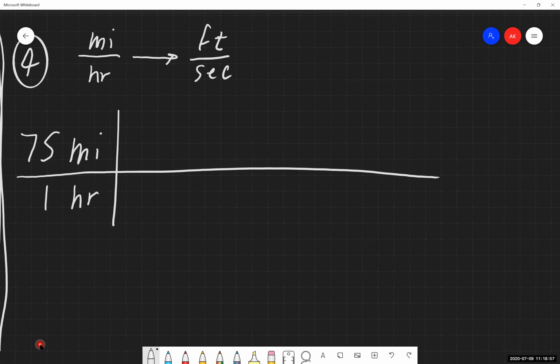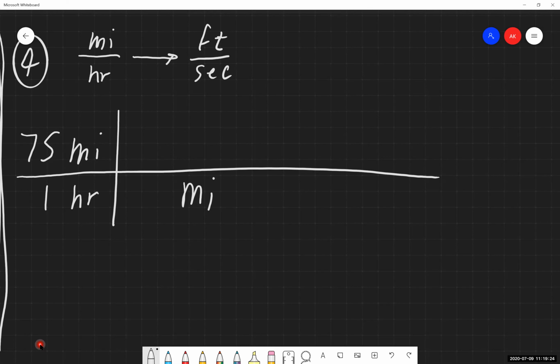So I'm looking at the chart that I have, that other piece of paper, and I'm looking for, is there a direct miles to feet conversion? And there actually is in there. We know, based on what's been telling us, 1 mile is 5,280 feet. So miles is in the numerator spot of our railroad spot. So if I want to cancel it, miles needs to go in the opposite spot to make it cancel out.